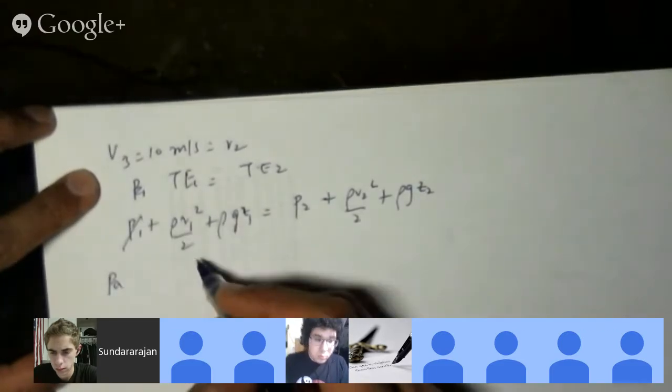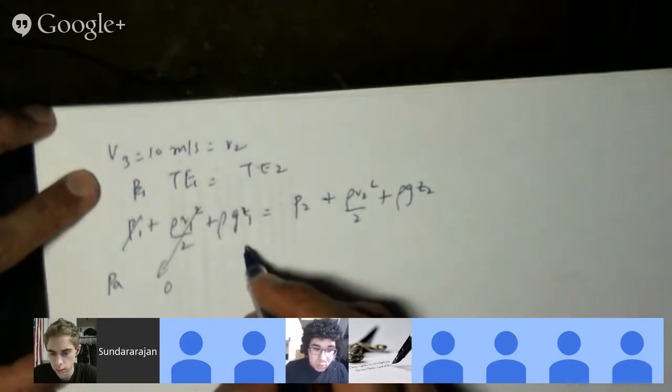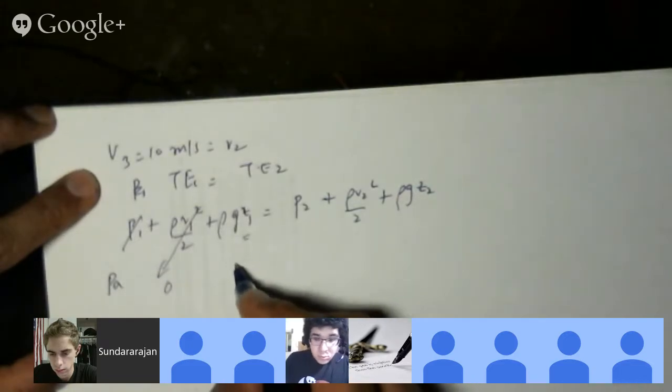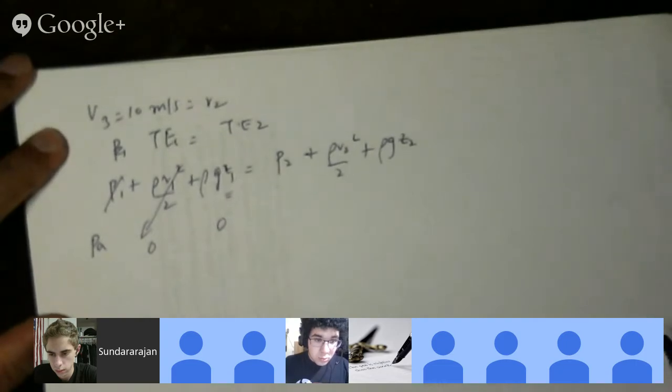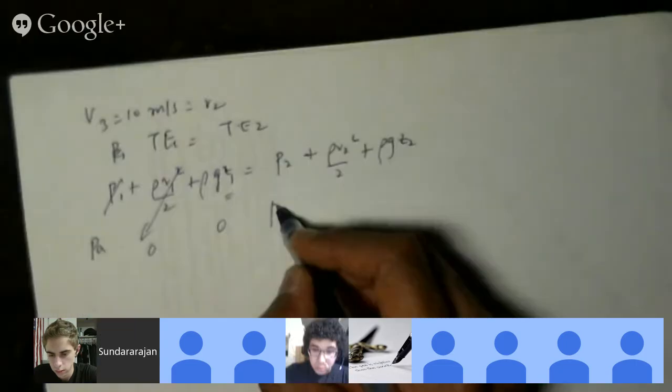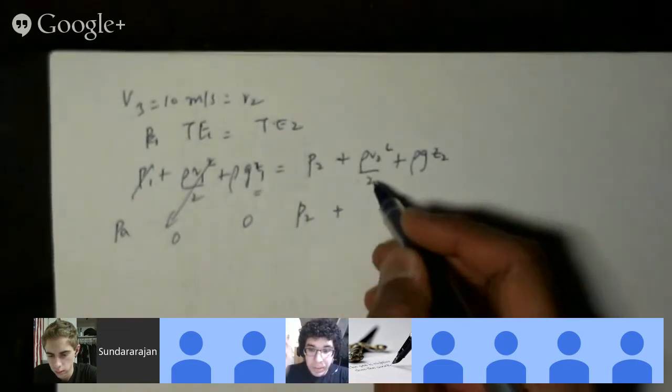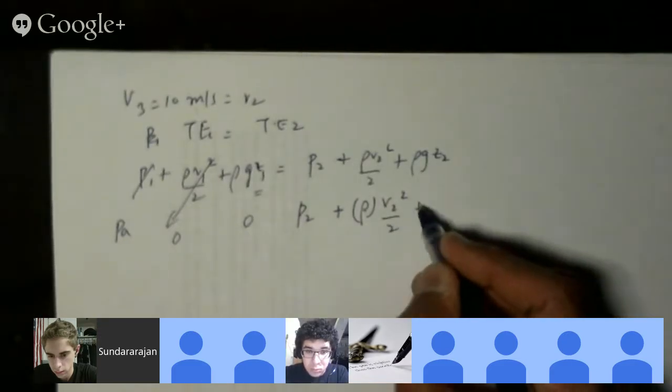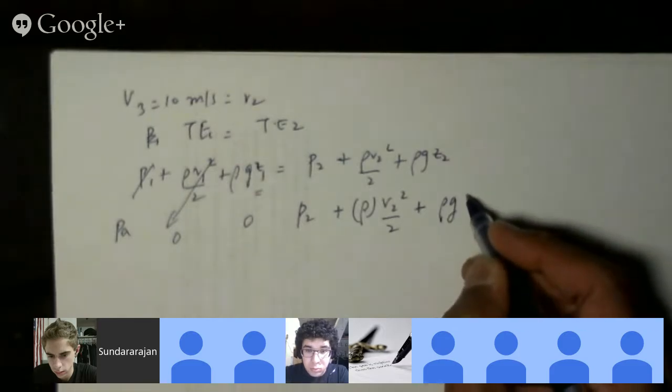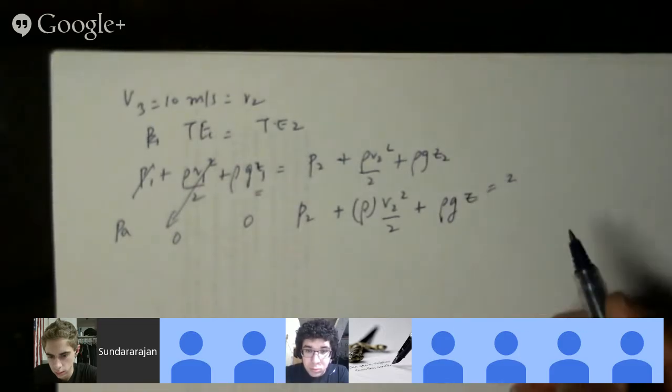P1 is atmospheric. Let's take our reference plane here, so that's 0. P2 here is P2 plus rho V2 squared over 2 plus rho g times Z, where Z is 2.